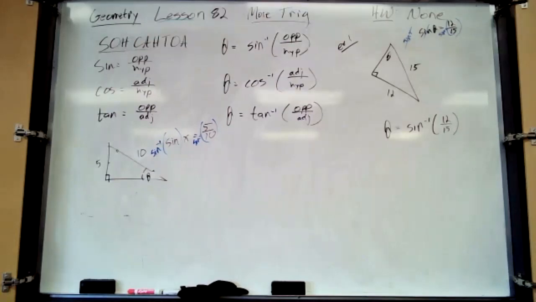That's sine h, so not that one, this one. That's it. Good job. So you got 12 divided by 15. Now hit the second button and see how sine turned into sine -1. Hit that, there's your answer. What did you get? You guys get it?